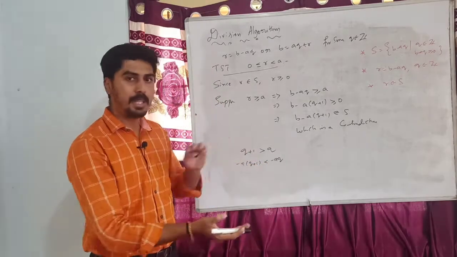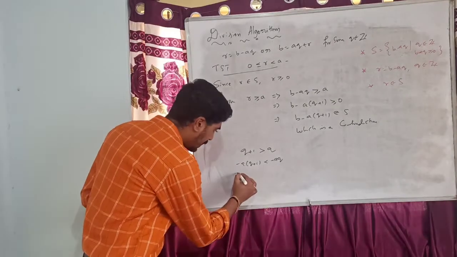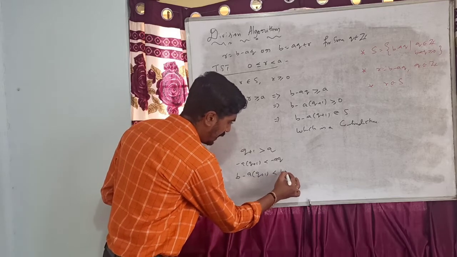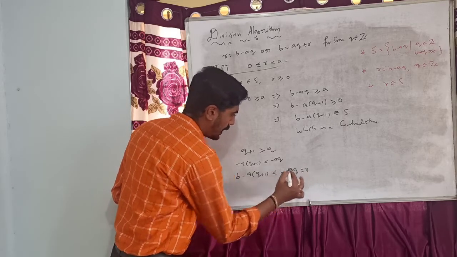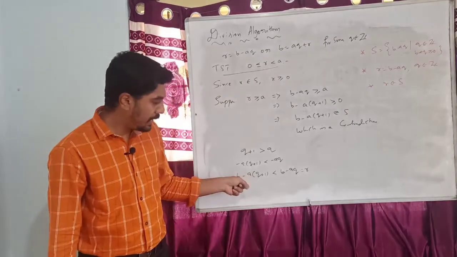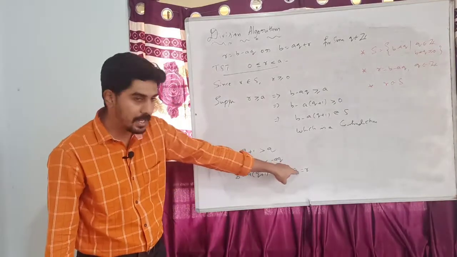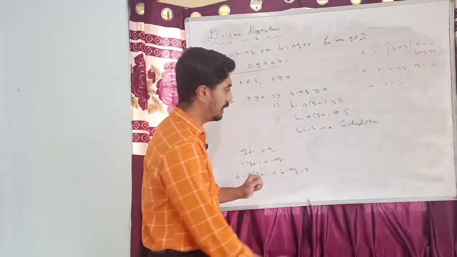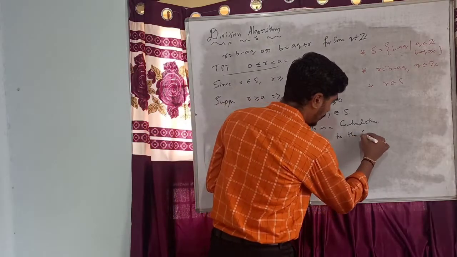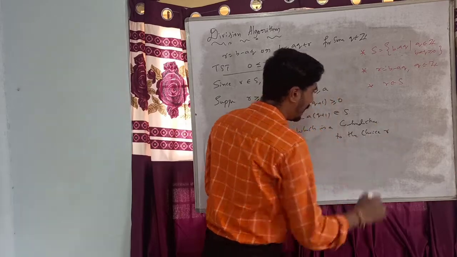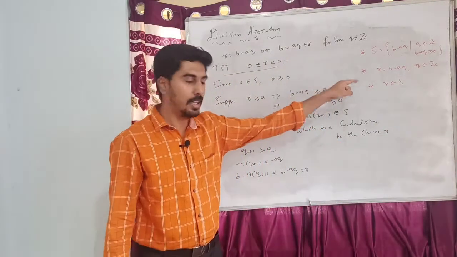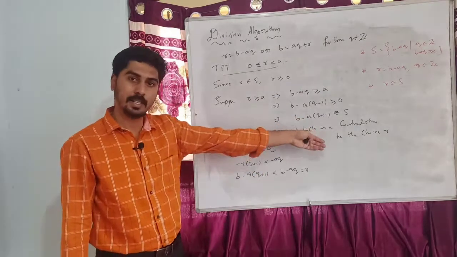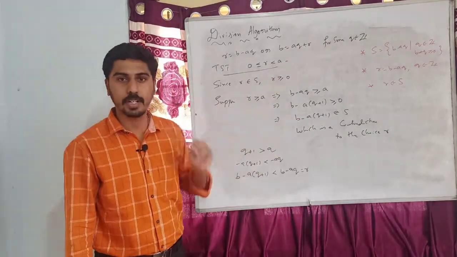If I add b to both sides, I get b minus a into q plus 1 is less than b minus aq, which is equal to R. This is a non-negative integer, less than R, that belongs to S, which is a contradiction to the choice of R. R is the least element in this set. So this is an element which is less than R and belongs to S, which is a contradiction.